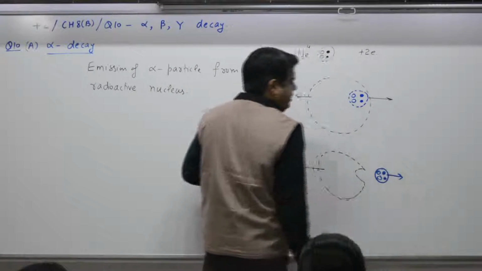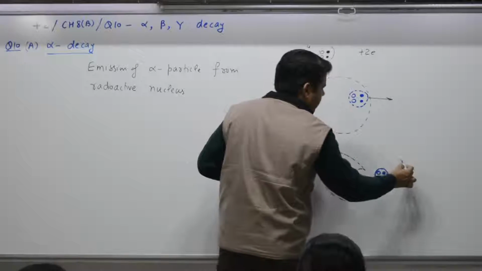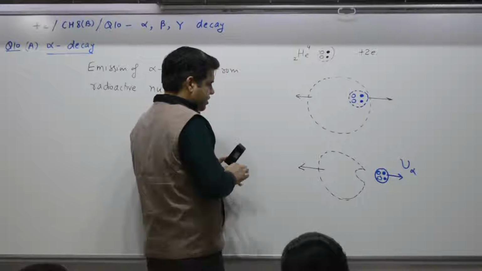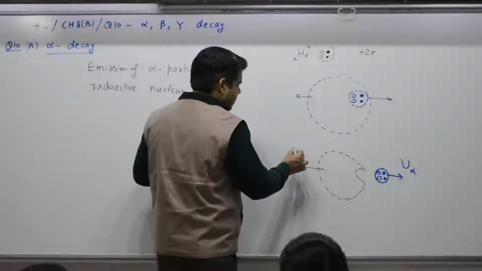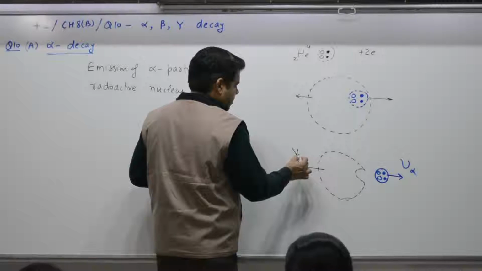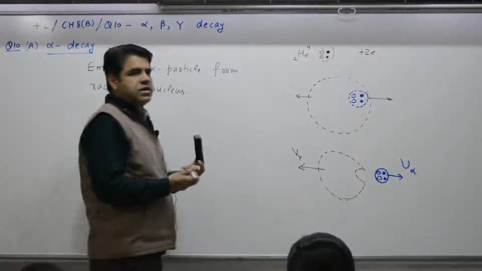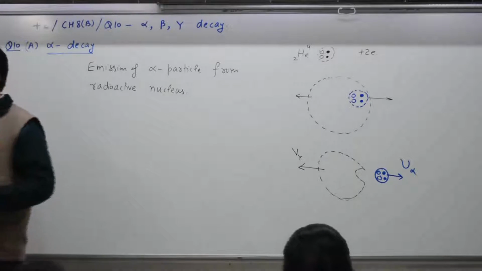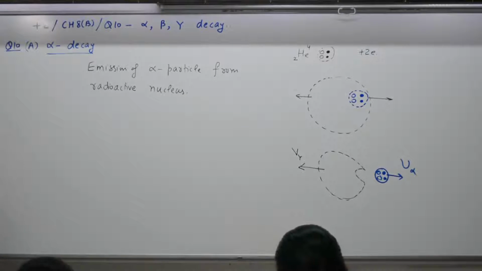If the alpha particle moves to the right with velocity v alpha, then this particle will move to the left with v, what, Y or X? Y. Daughter nucleus is Y. Time with you is 2 minutes to write.